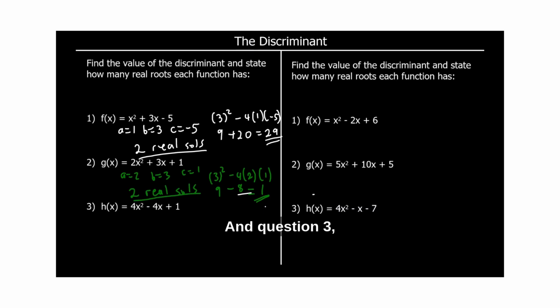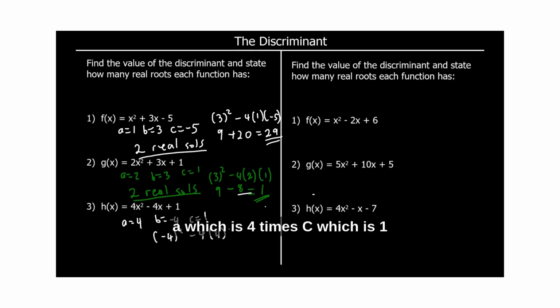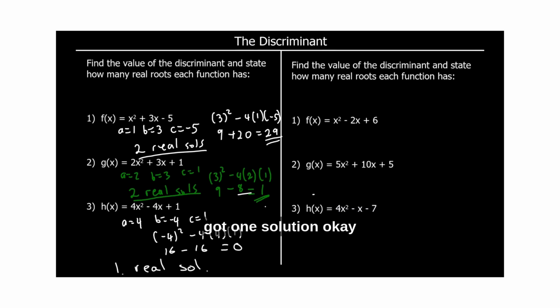And question 3. A is 4, b is negative 4, and c is 1. We've got b squared, negative 4 squared, minus 4 times a, which is 4, times c, which is 1. So we've got 16 minus 16, which is 0. So it's got one solution.